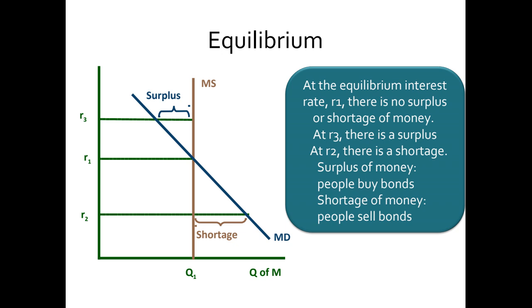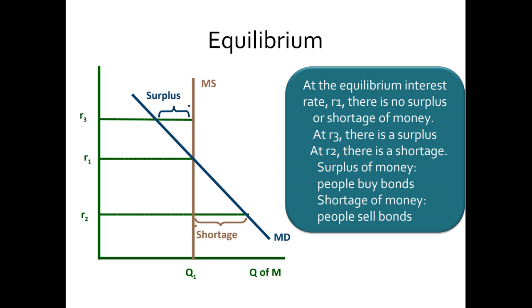Surplus means we have more money in the economy, but people are demanding less money. They don't need more money. Okay. And at R2 interest rate, there's a shortage. Why shortage? Because you can see in the diagram that people are demanding this much, whereas total supply of money is only this much. Let me mark it so that you know what I'm talking about.